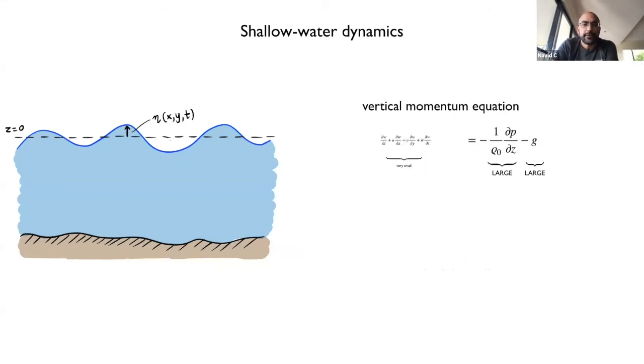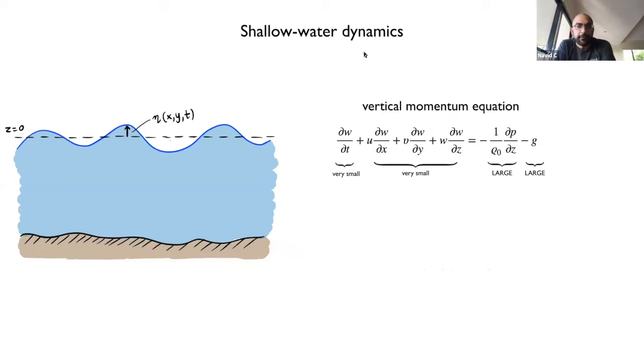It has a free surface, and if we start from the vertical momentum equation, it has a bunch of terms. On the left-hand side are the inertia terms. On the right-hand side are the pressure gradient and the gravity force.